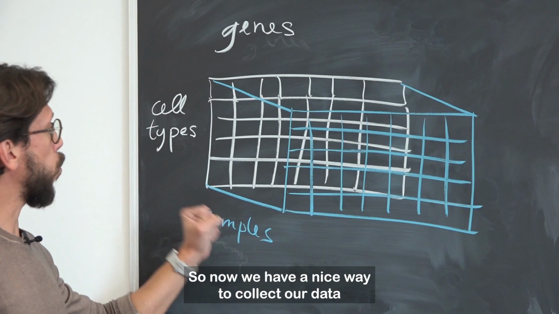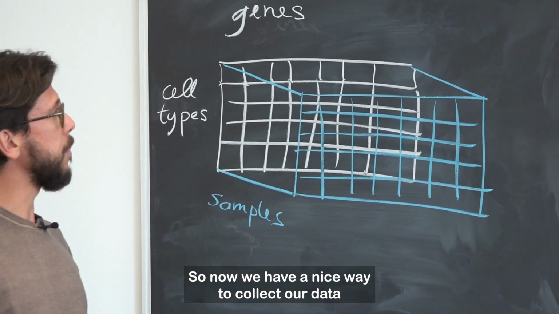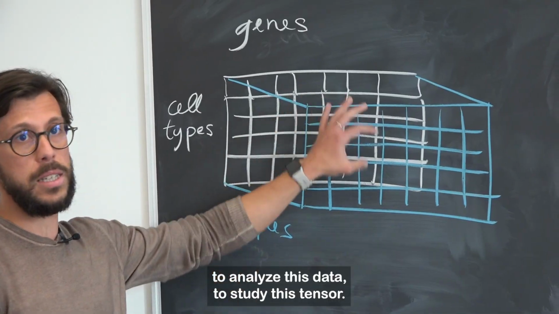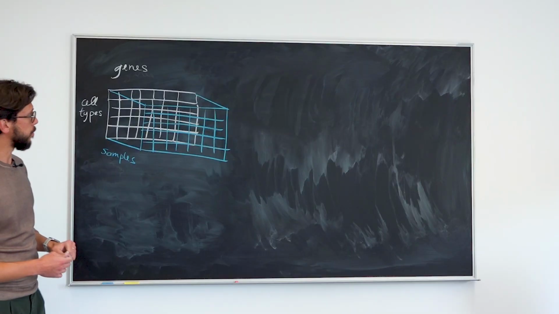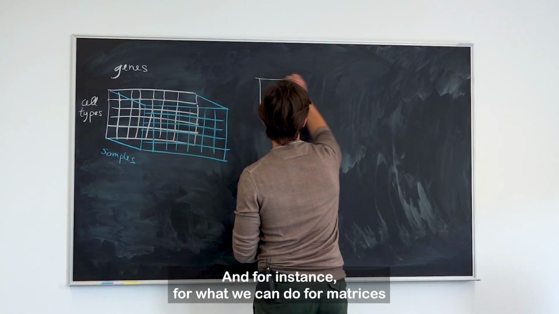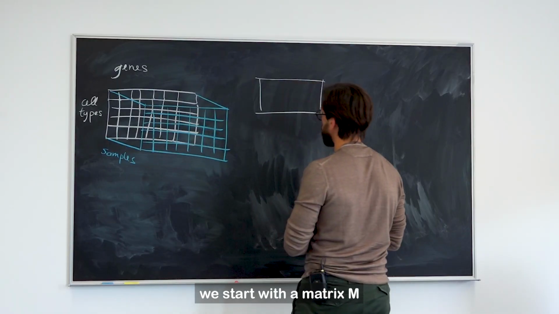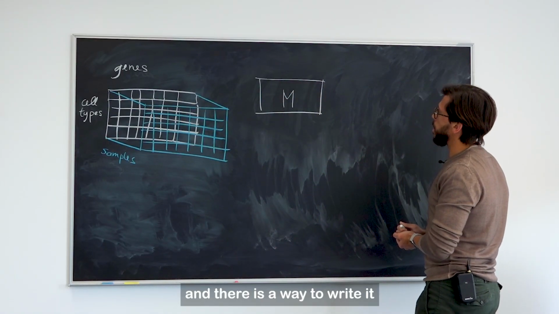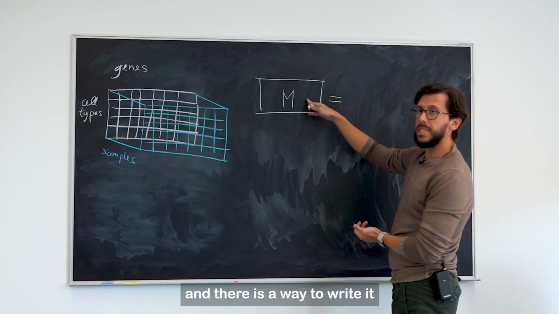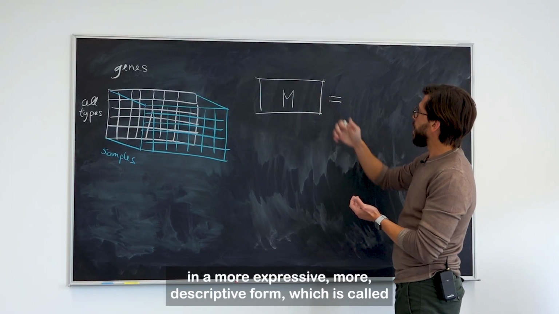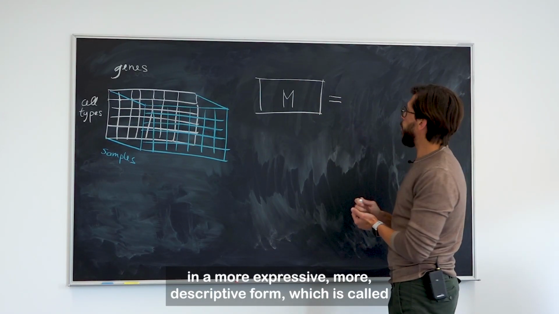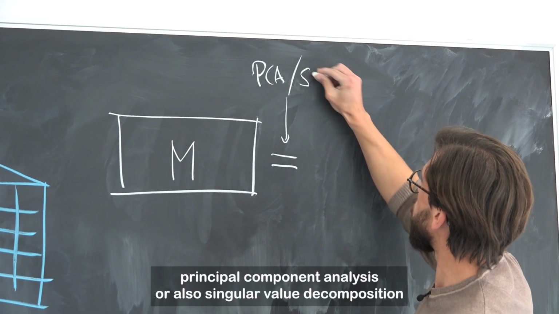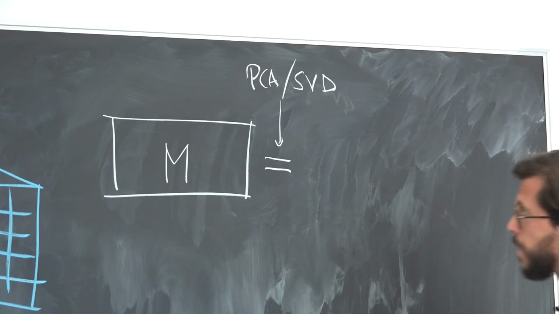So now we have a nice way to collect our data, but now we also want some technique, some way to analyze this data, to study this tensor. For instance, for what we can do for matrices, we start with a matrix M, and there is a way to write it in a more expressive, more descriptive form, which is called principal component analysis, or also singular value decomposition.